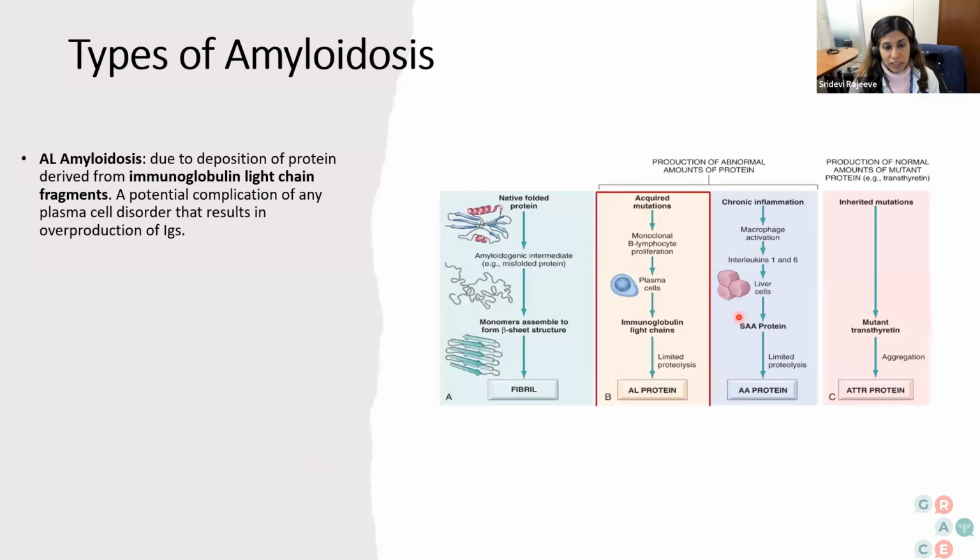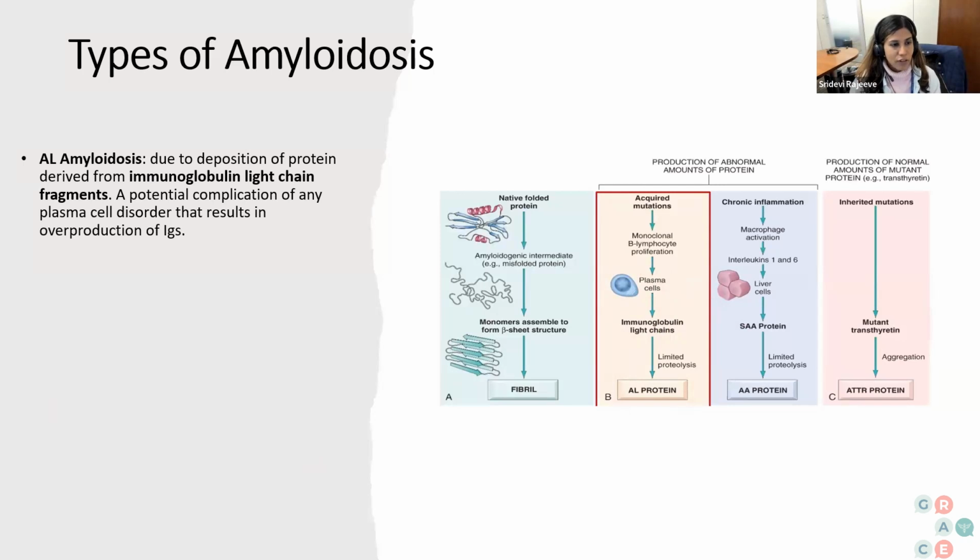If you follow my laser pointer here, this is a pictorial depiction of a plasma cell, and when there is overproduction of immunoglobulin light chains, these form the fibrils of the amyloid protein and cause this disease condition called AL amyloidosis.